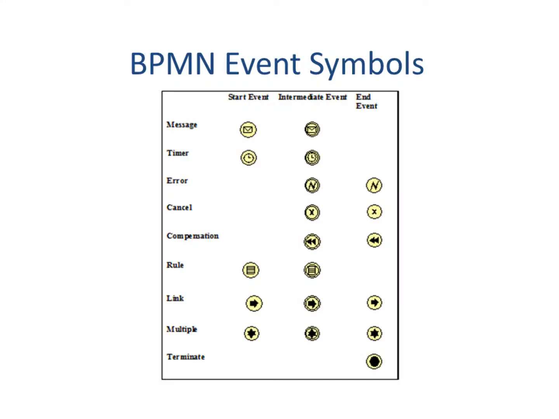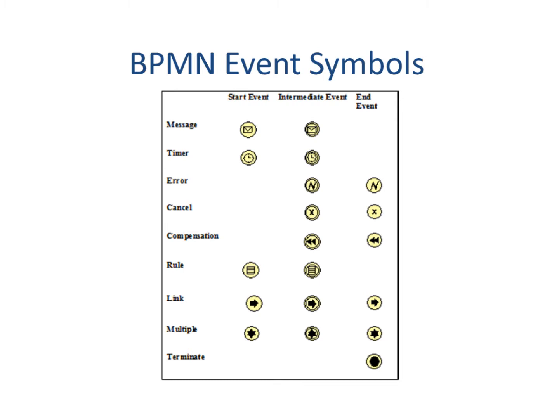When the trigger is a message, an envelope icon is added to the event symbol. When the trigger is a timer, a clock icon is added to the event symbol. This picture displays examples of the various event symbols. Notice that not all trigger types are available for all events.